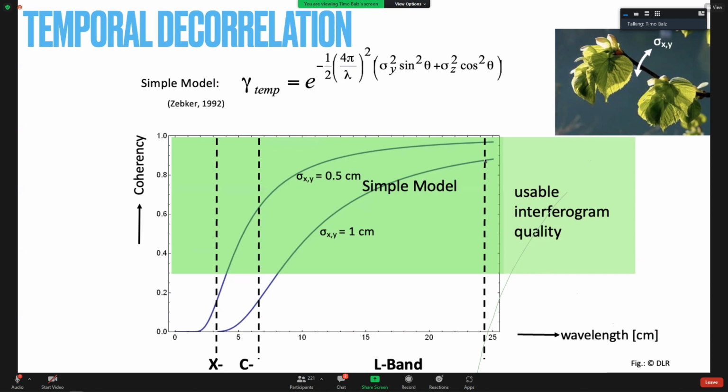So you can imagine in the shorter wavelengths like X band and C band, the effect of temporal decorrelation is very, very strong, while in longer wavelengths it is smaller. The effect is related to the wavelength, right?